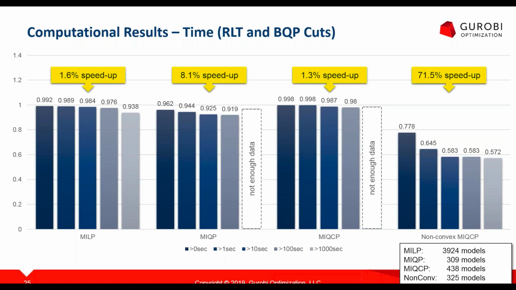If you look at the 10-second bracket that you see here, we get a 1.6% speed up for MILPs, an 8% speed up for problems with quadratic objective, 1% for the quadratic constraint, and a 70% speed up for the non-convex problems here.